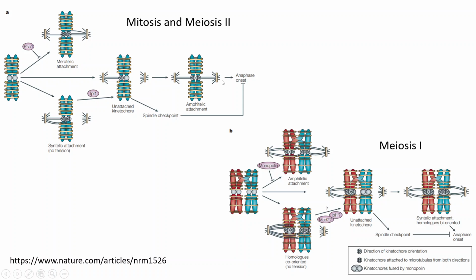And there are many spindle checkpoints that make sure that happens. So amphitelic attachment is what is needed for the sister chromatids to separate in mitosis and meiosis 2.